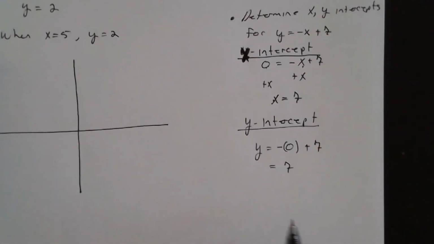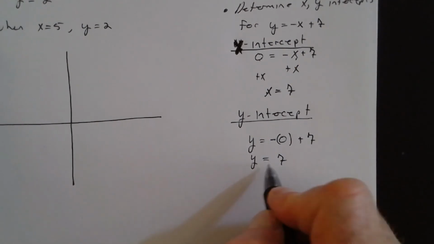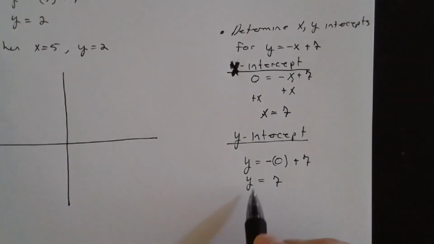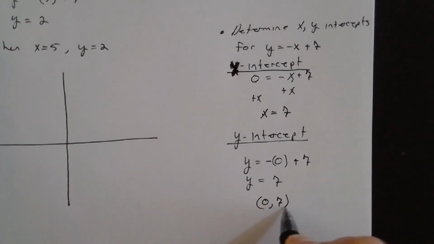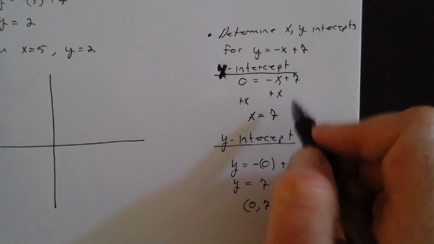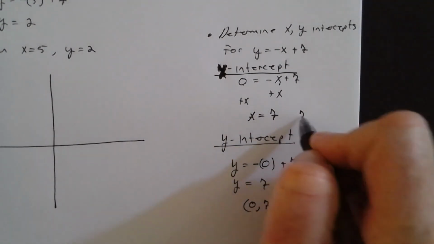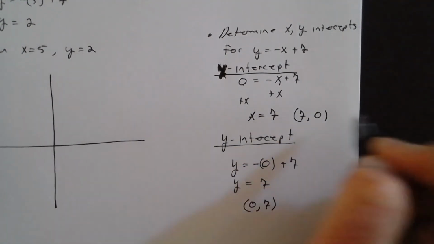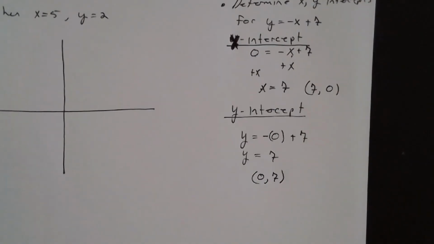So y is equal to 7. So we have our 2 points now. We have 0 and 7 as our coordinate for our y-intercept, and we have 7 and 0 for our x-intercept.